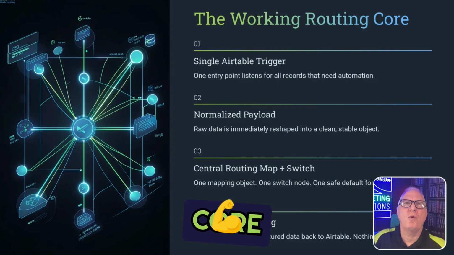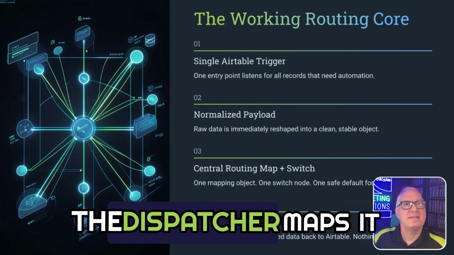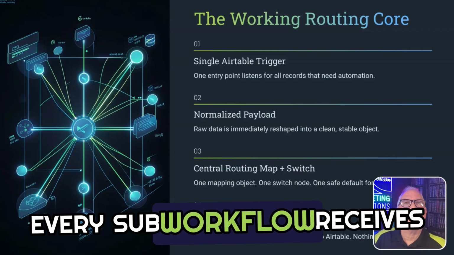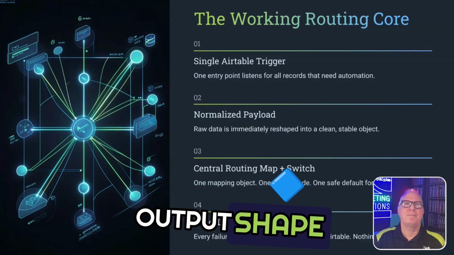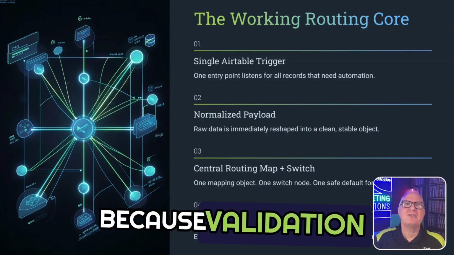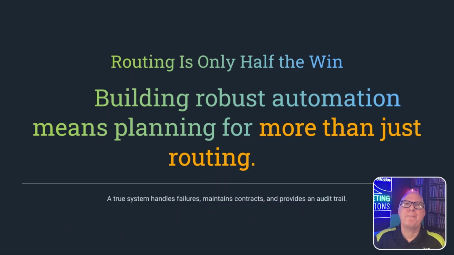You have the working core. Airtable supplies a routing key. The dispatcher maps it to the correct subworkflow. Every subworkflow receives the same input contract and returns the same output shape. And failures don't vanish, because validation, retries, and dead letter logging push the truth back into Airtable.